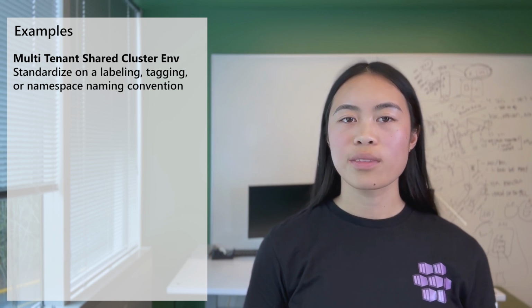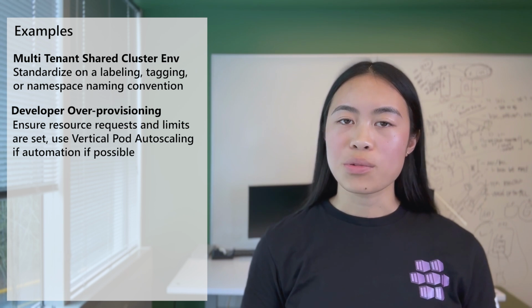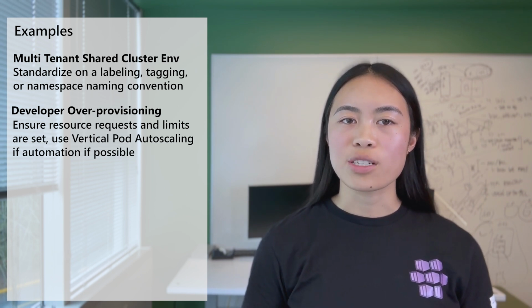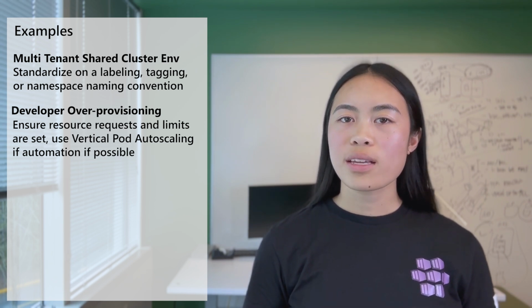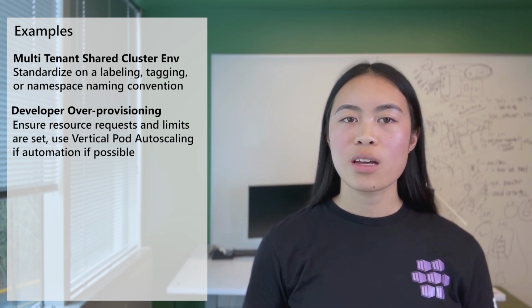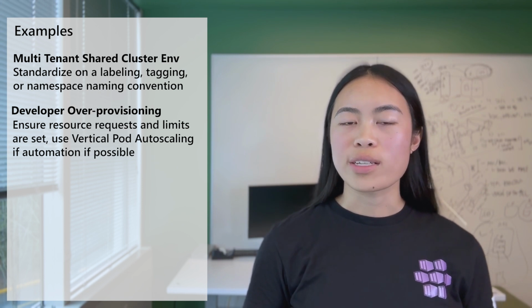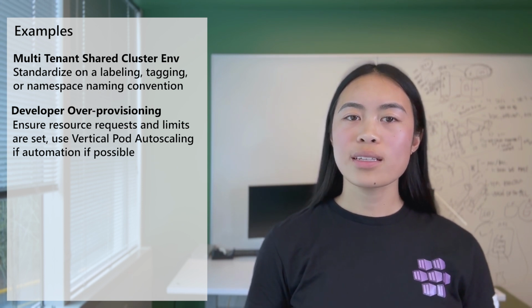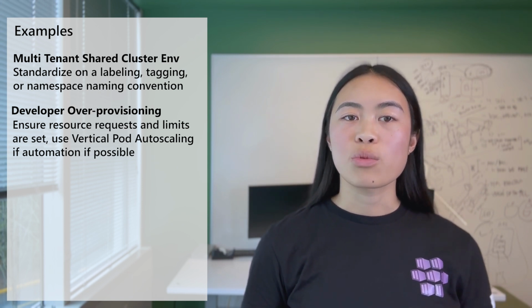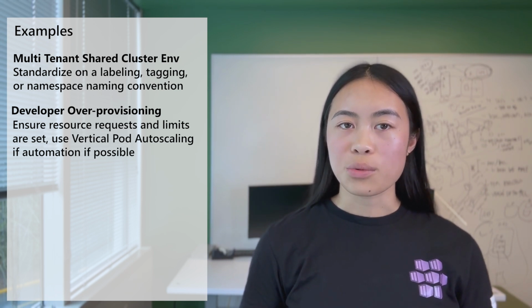Example number two, developers often do not know how much CPU and memory resources their application will need. So they often set these request and limit values too high, which leads to over-provisioning and underutilization, when the actual usage is far below the requested amount. This can lead to workload instability if a workload needs more resources than is actually allocated as well.